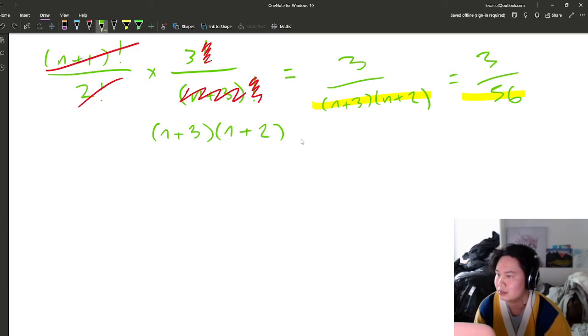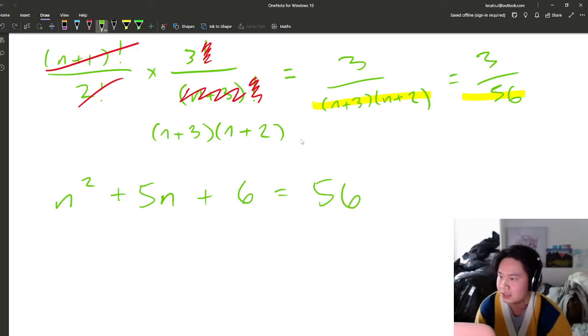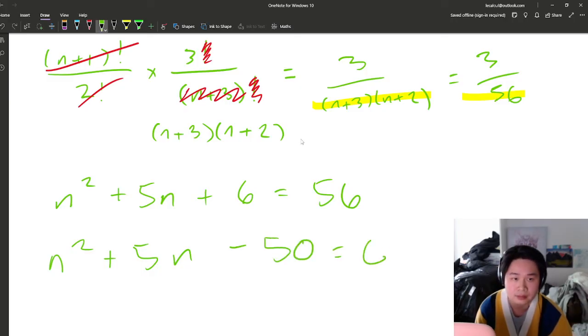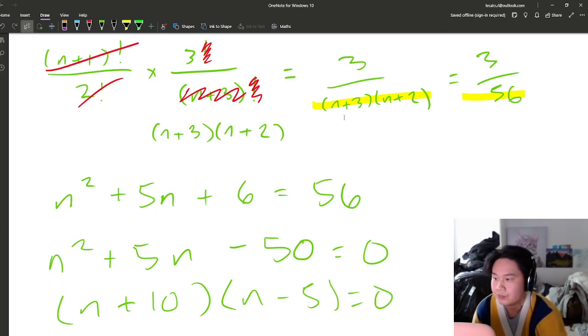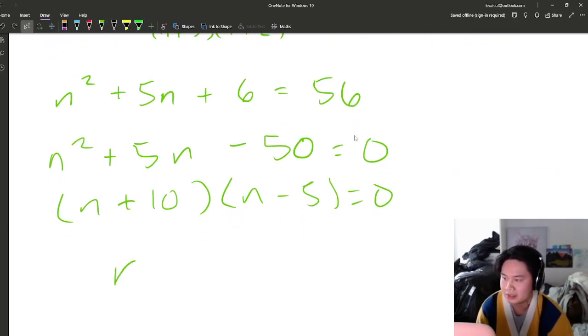So multiplying it out, this is your equation, which means that this is something that you need to solve. This is factorable because it's paper 1. And then there's only one solution, the positive one, so there you go.